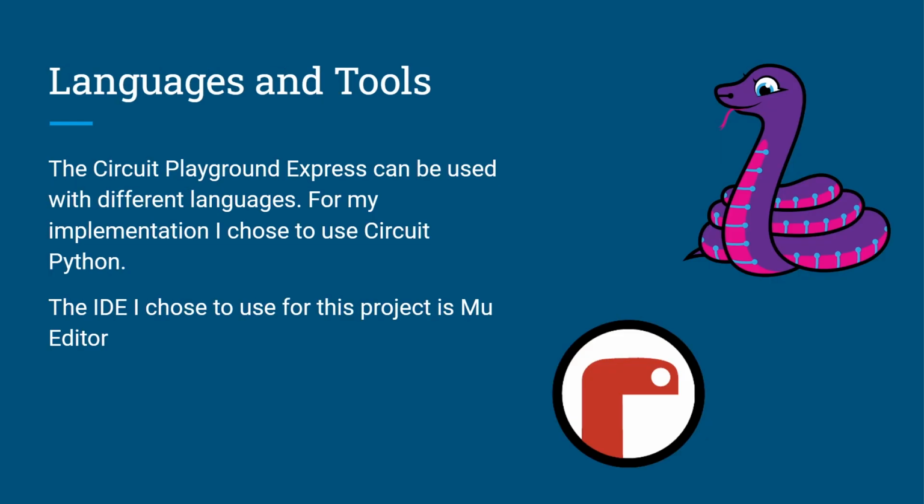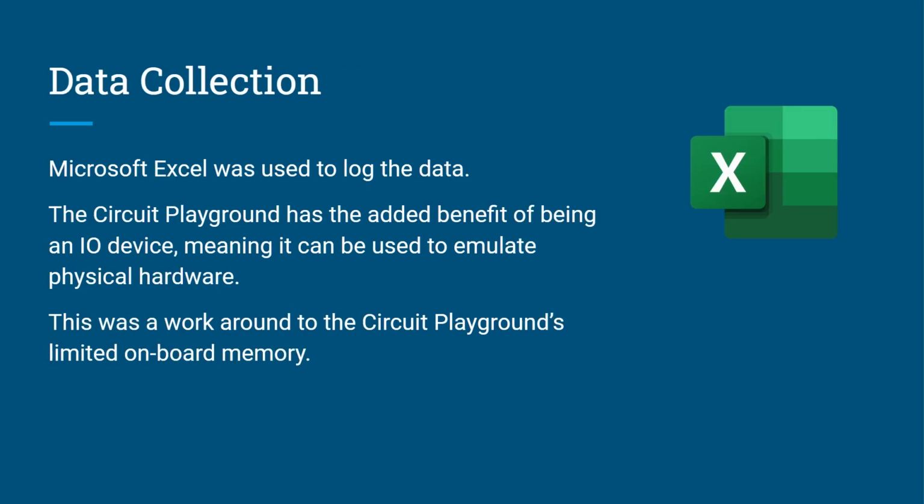For this project, the Circuit Playground Express can be used with many different IDEs and languages, but for my purposes I used CircuitPython. The IDE I chose for this project is called MooEditor. To collect the data, I used Microsoft Excel. In the program, it writes the data to the console and enters it into the sheet.